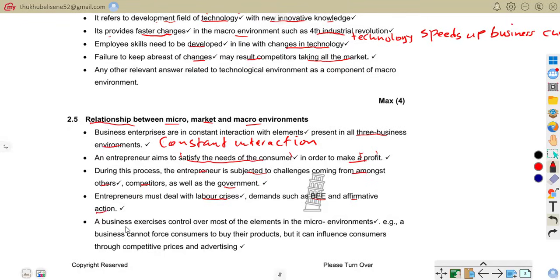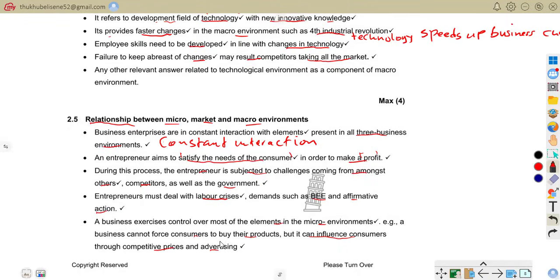A business exercises control over most of the elements in the microenvironment. E.g., a business cannot force consumers to buy their products, but it can influence consumers through competitive prices as well as advertising.